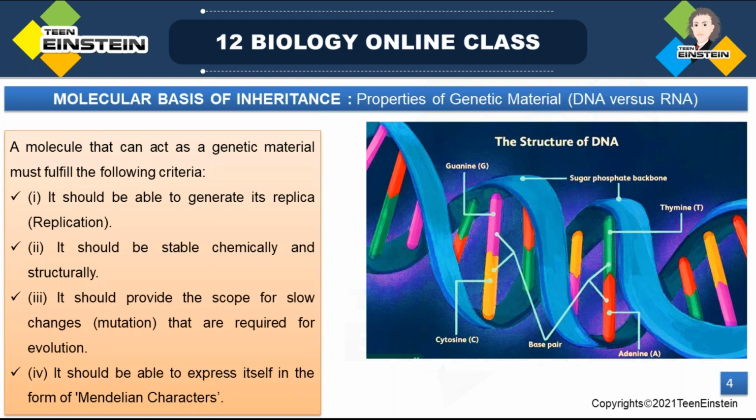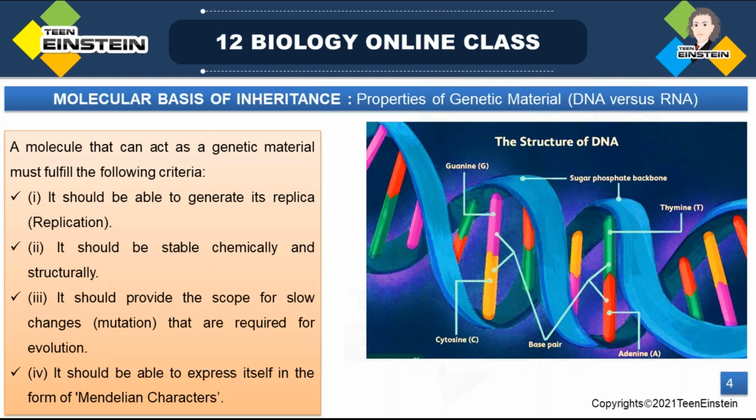The first point is that it should be able to generate its replica or copy. The genetic material should be able to generate its own kind. That means the replication process. Both DNA and RNA are nucleic acids, and they have the ability to do the duplication.